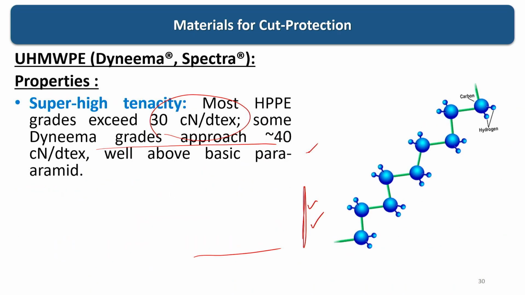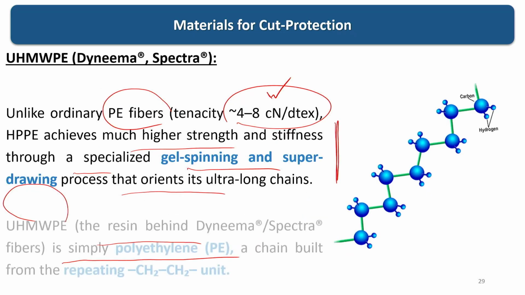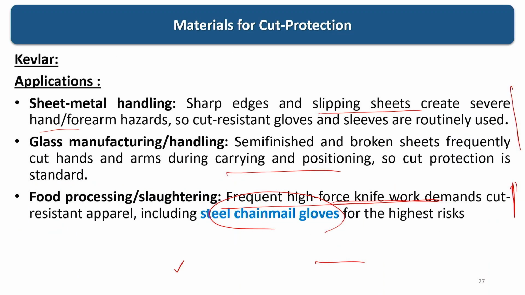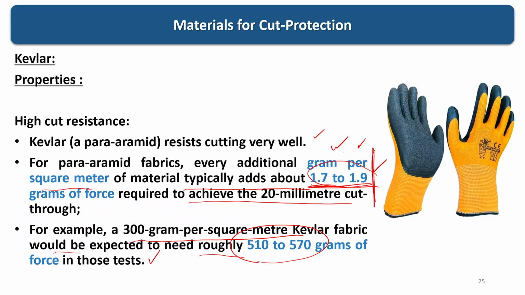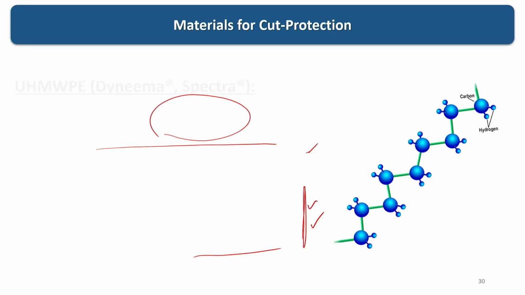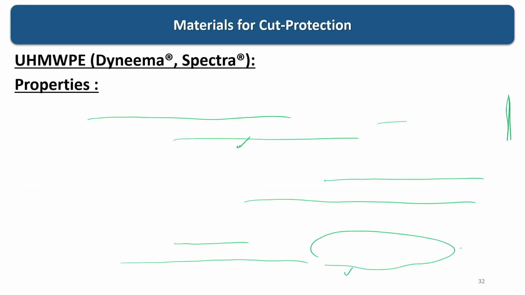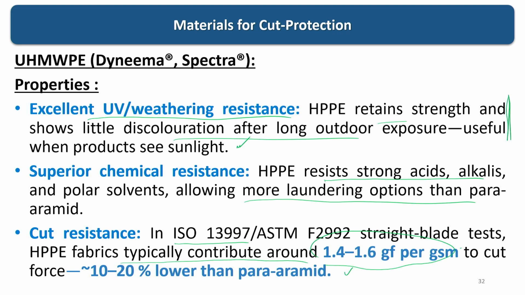For the para-aramid the value was 1.7 to 1.9 gram force per GSM, and here typically it is 1.4 to 1.6, that means typically around 20% lower than the para-aramid.